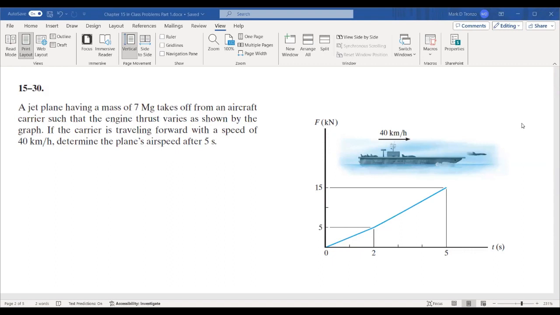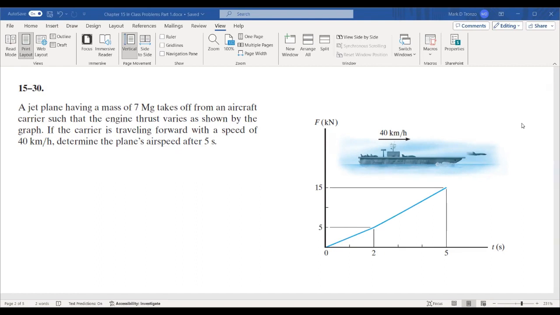Next, we're going to look at 15-30. 15-30, a jet plane having a mass of 7 megagrams takes off from an aircraft carrier such that the engine thrust varies as shown by the graph. If the carrier is traveling forward with a speed of 40 kilometers per hour, determine the plane's airspeed after 5 seconds.